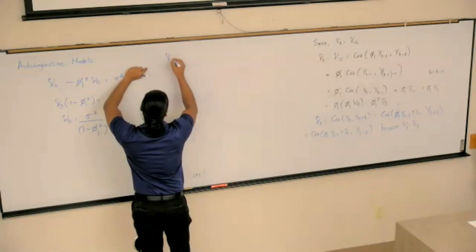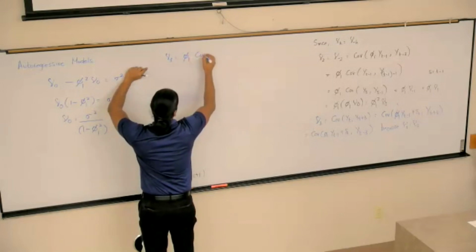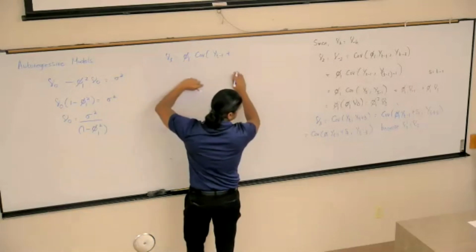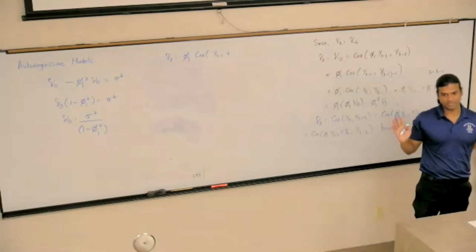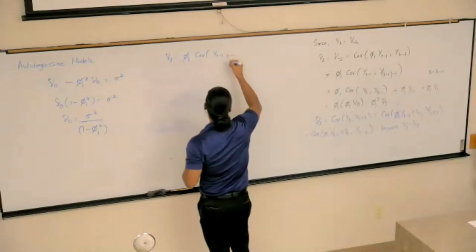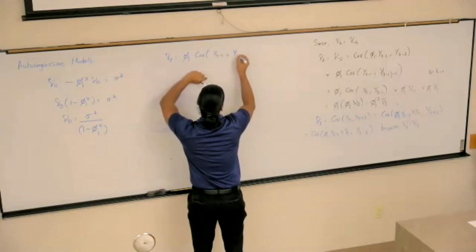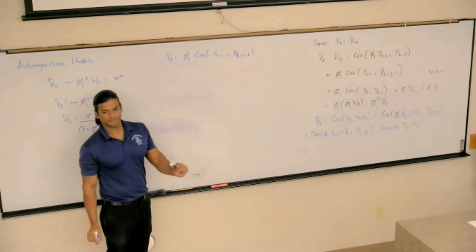So gamma 3. I can pull the phi 1 out. Covariance of yt minus 1, epsilon t and yt minus 3, they're not connected, nor is it in a series, so they drop out. The term that is left is yt minus 3. I could write it as t minus 1 minus 2. Yes?